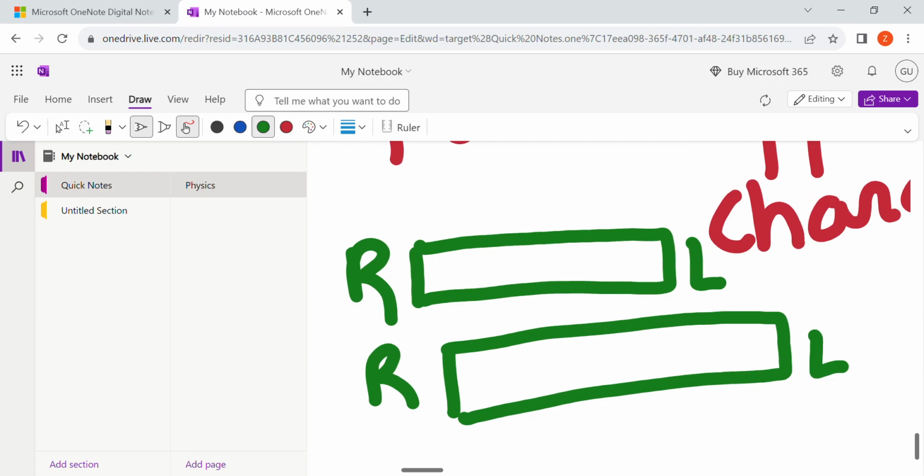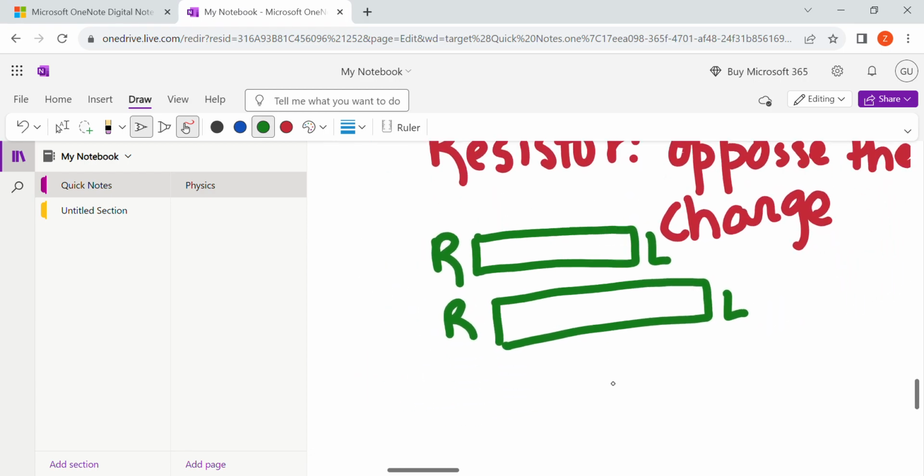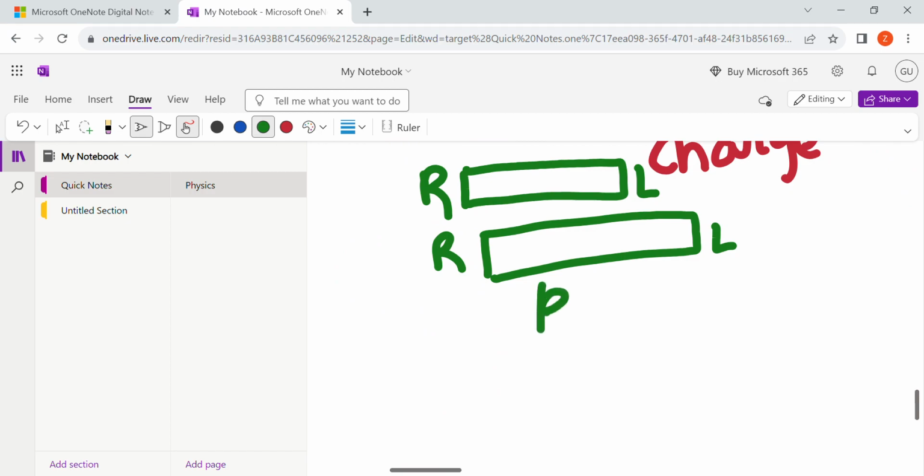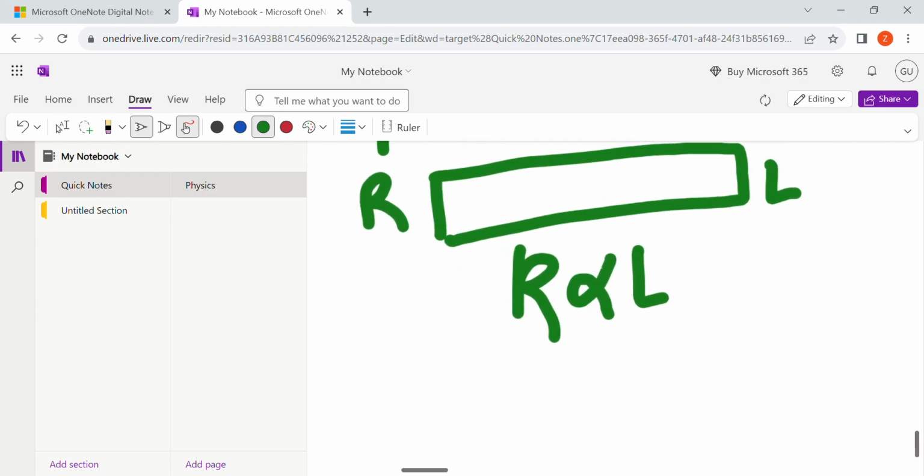So by this statement we can say that the resistivity and the length have a direct relation.